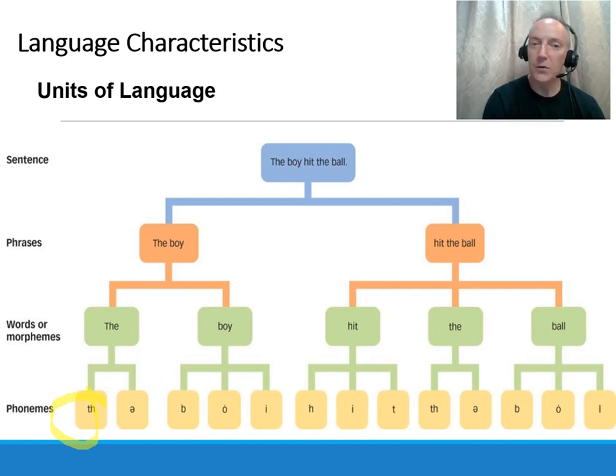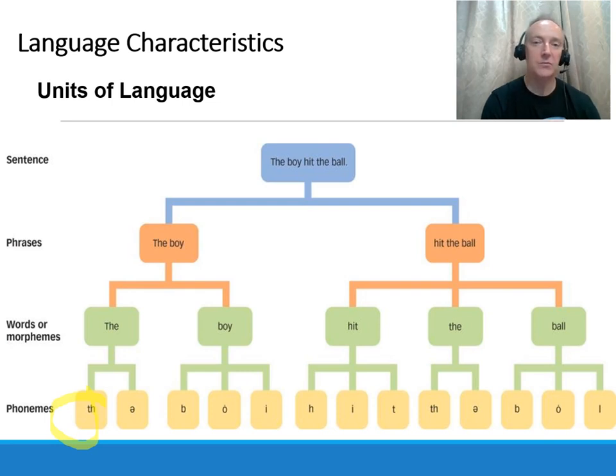So if you are bilingual or multilingual, think of the other languages you know. Think of the sounds that you might have in that language that we don't have in English.